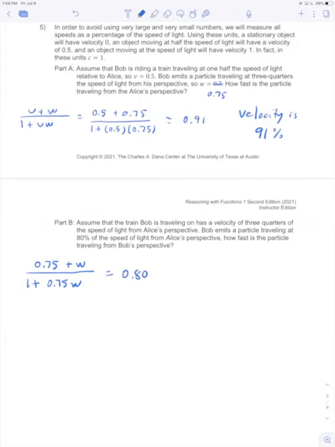If we solve for w, the value of w is just about 0.125. So the particle is traveling at roughly 12.5% the speed of light. There you go. That's the end of this video.